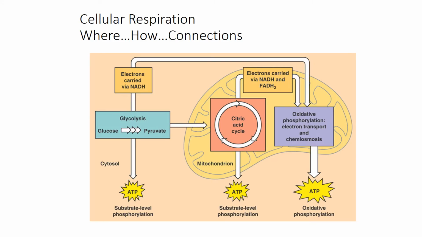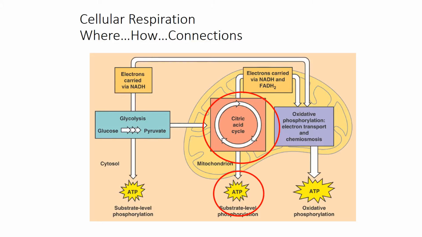All right, so we are going to continue onwards, and look again at what happens now in the citric acid cycle. As you can see below, we are going to produce some ATP via substrate level phosphorylation. Remember, that's using enzymes to make some ATP.